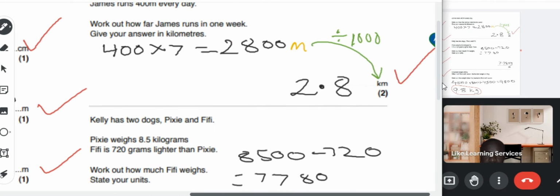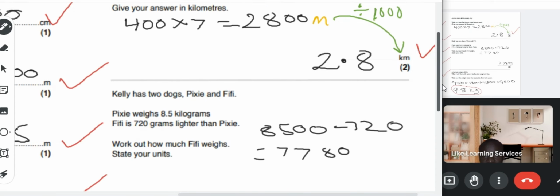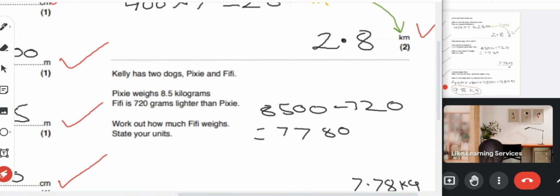Good. Now it says Kelly has 2 dogs, Pixie and Fifi. Pixie weighs 8.5 kilograms. Fifi weighs 200 grams lighter than Pixie. Wow, this is awesome. You did it so well. So 8.5 kilograms, you change it to grams.